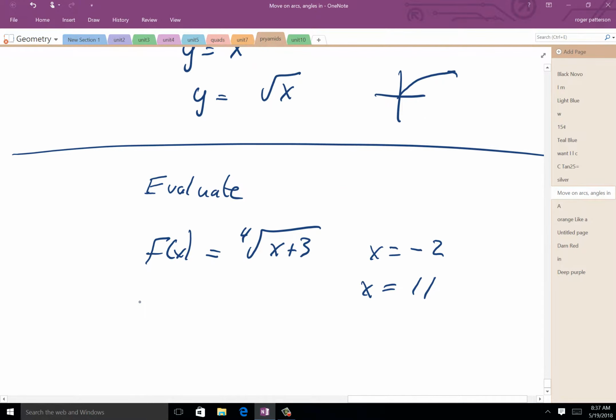Okay, so let's see. We would go ahead and plug these in. There was a question like this on the quiz, right? So we're going to put -2 in here. And of course the 4th root of 1 is just going to be 1. So I wouldn't need a calculator on that because I know the 4th root of 1 is just 1.